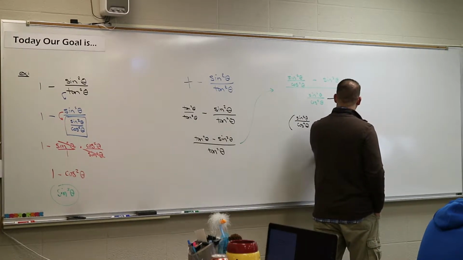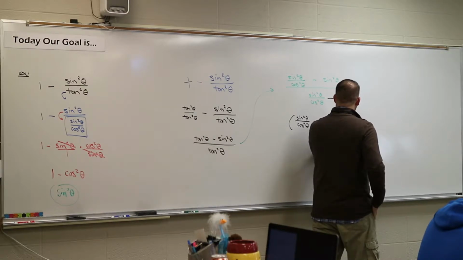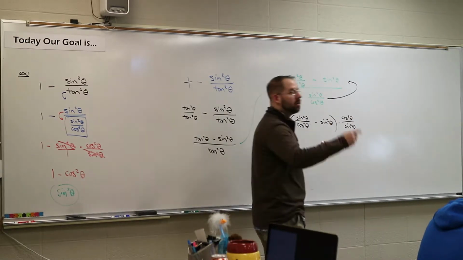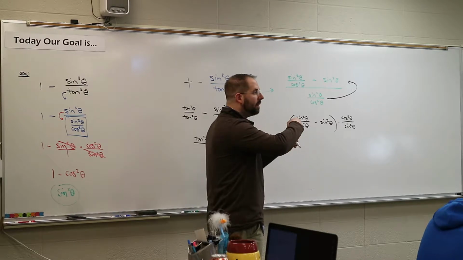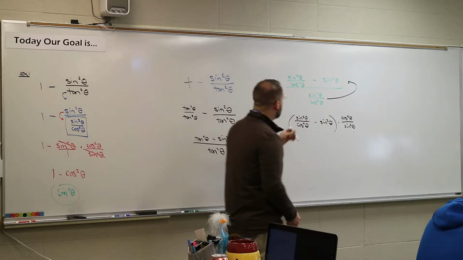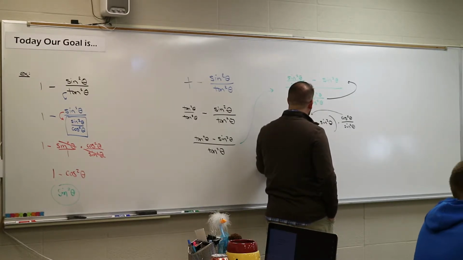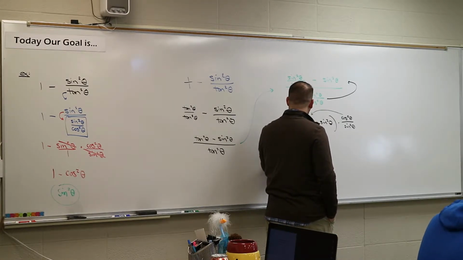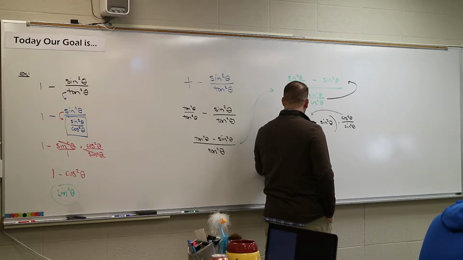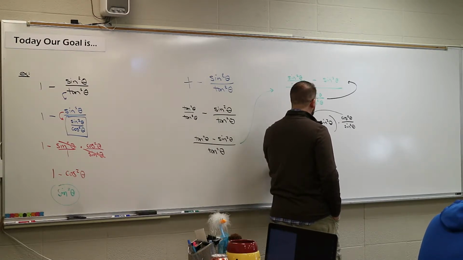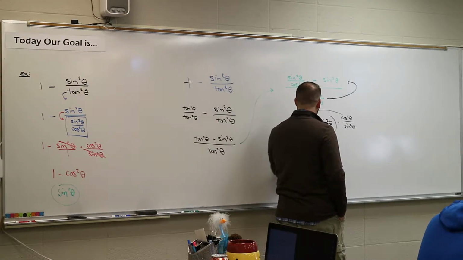Cosine squared over sine squared. And when you multiply, it will distribute through the top and it will simplify things. So you're allowed to multiply this to this fraction, which what would happen is that everything would simplify because it would be sine squared over cosine squared times cosine squared over sine squared. And yes, those will simplify.